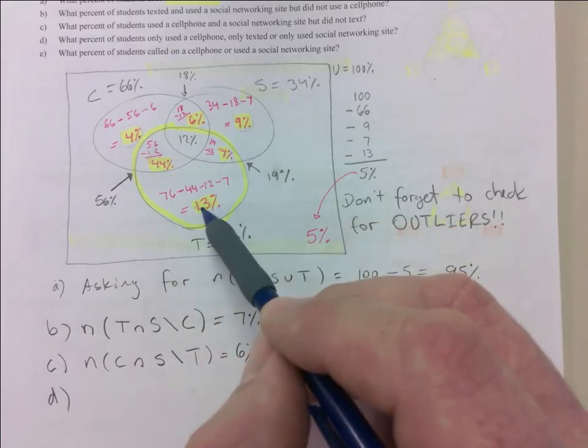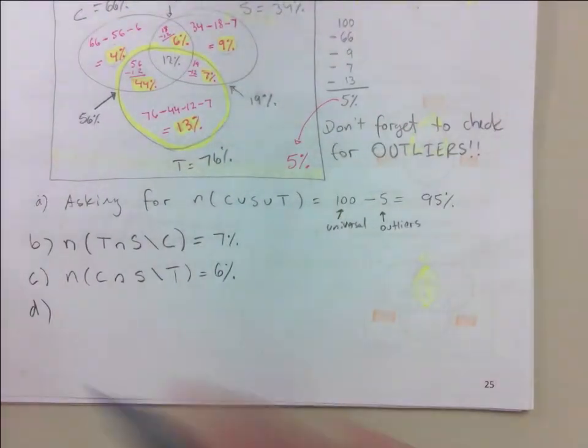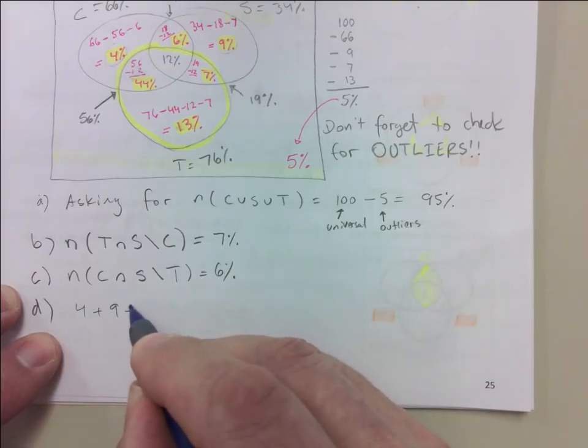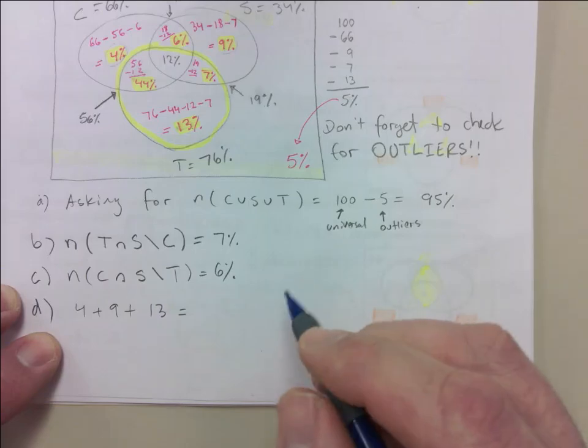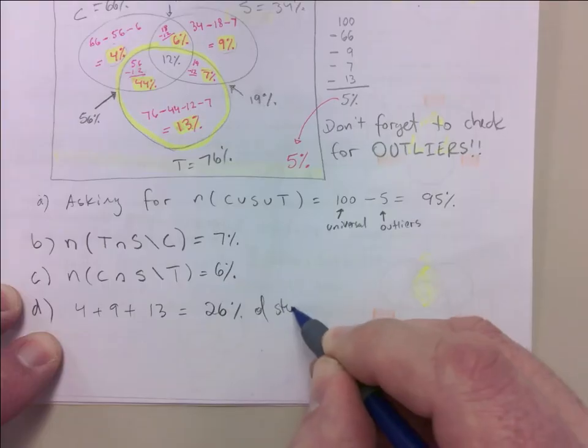So it's all the onlys of that set. So it would be 4 plus 9 plus 13. So it's 26% of students.